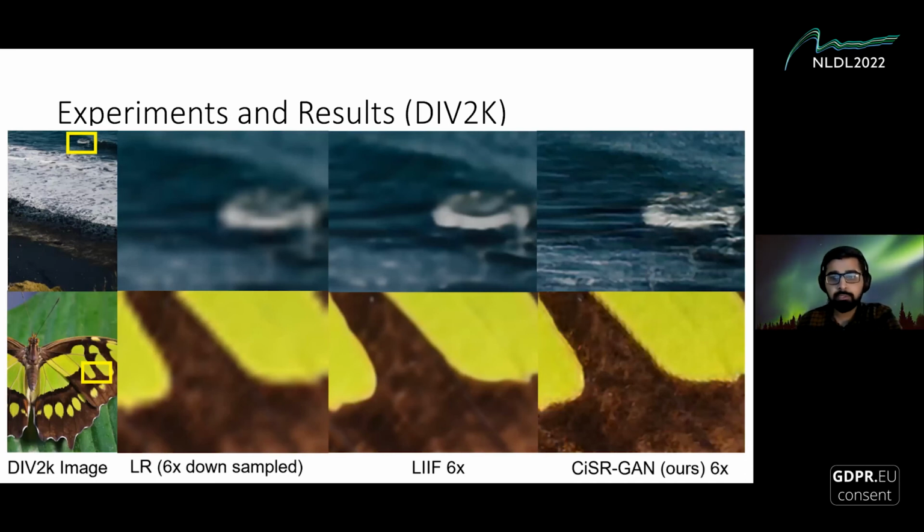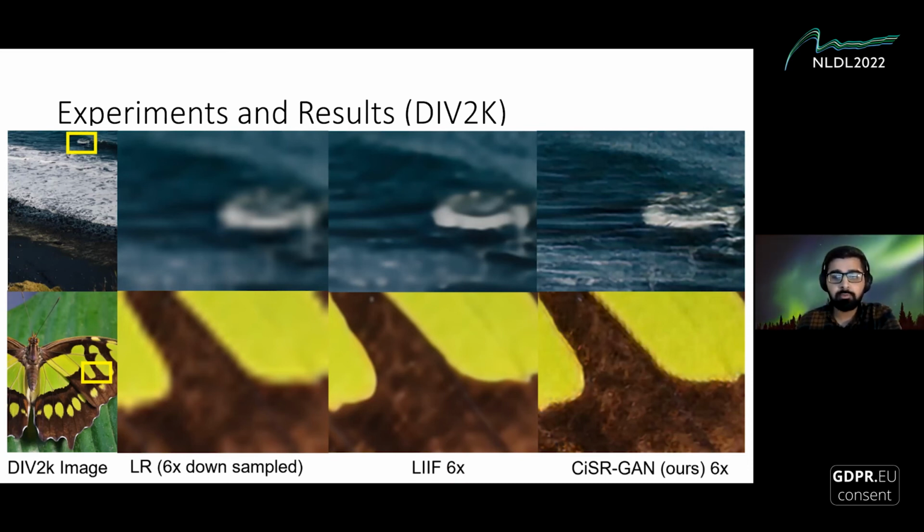Now for some results. The qualitative results on the DIV2K validation set for 6x out-of-scale resolution are shown in this figure. The proposed method produces realistic images containing textures due to the adversarial and perceptual nature of the objective as compared to LIF.